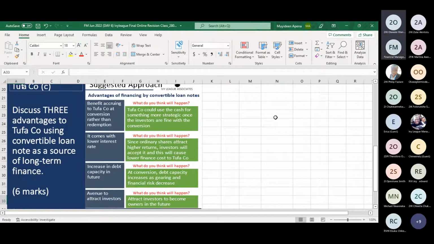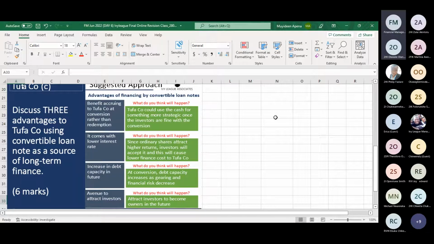The risk is lower, is that what you're saying? Yes, for preference shares, it's lower than ordinary shares. Okay, so you can imagine the risk is lower because there's a feature that it can be converted to equity. So it's a lot more secured in a way.